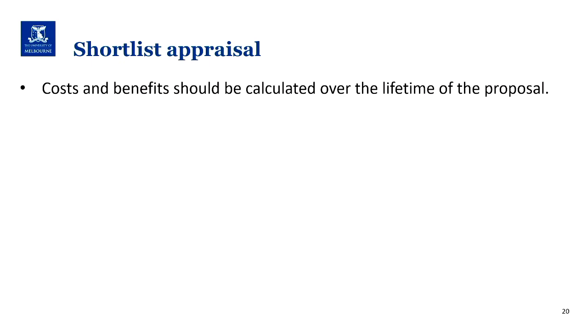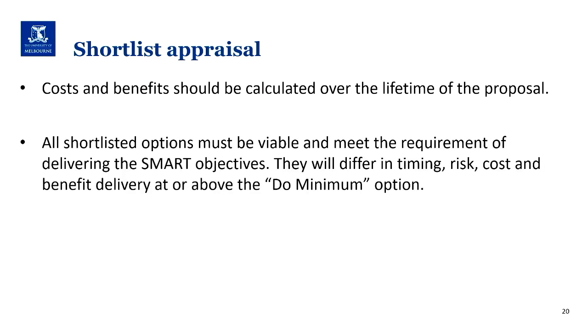And then for this short list, you have to provide more accurate information about these different options. And the idea is that you have to provide the cost and benefits for the lifetime of the proposal. So let's say that we are talking about a bridge.